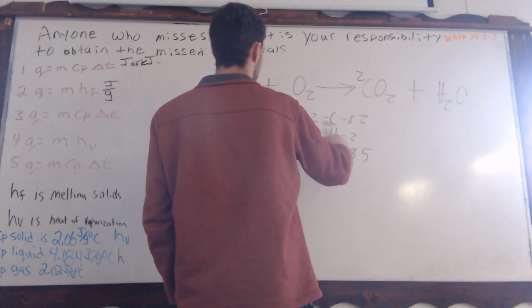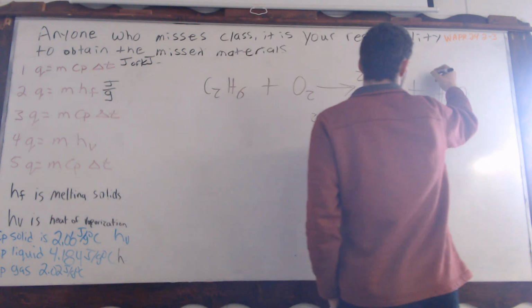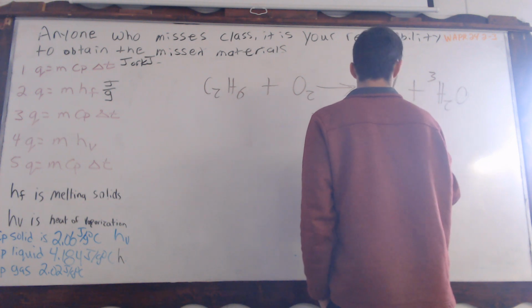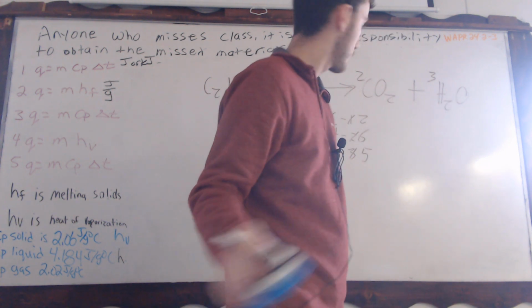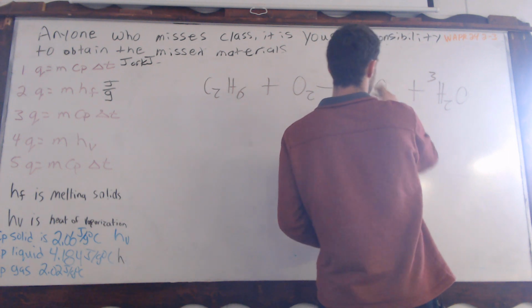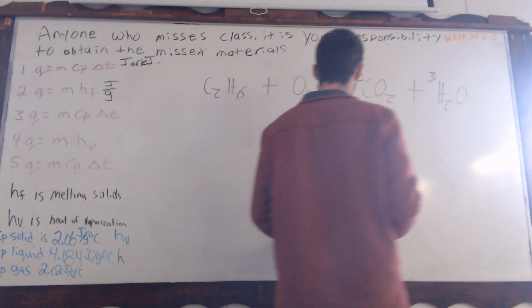And then let's go to our hydrogen. So let's do this 3 to get 6 over here, 3 times 2, so that's 8. Oh, 7, excuse me. Bad math. 7.